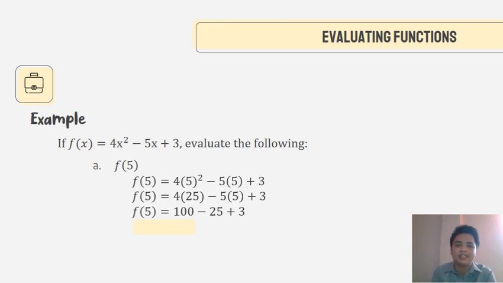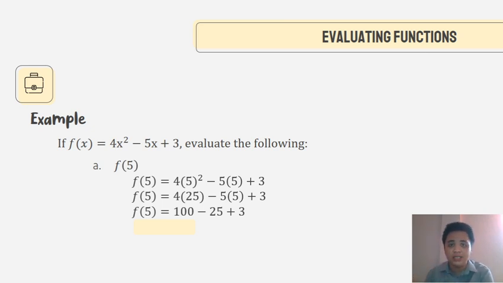And for our last step, just simply operate the remaining numbers. Kayang-kaya mo na yan. So, kapag ang natitira is subtraction and addition, operate from left to right. Okay? So, anong gagawin? Start with 100, and then subtract 25, and then add 3. Let's start. 100 minus 25. That's 75.